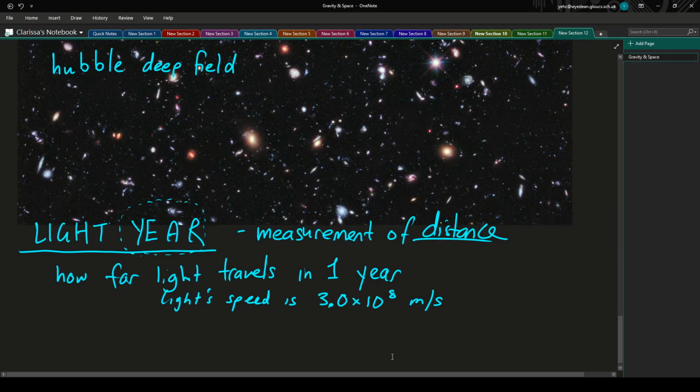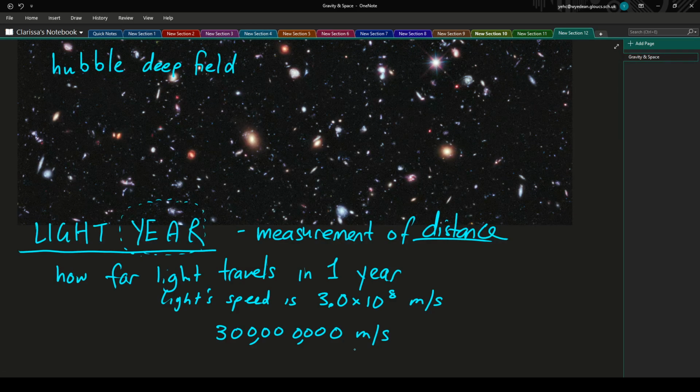If I were to write this out, this is 3 and then 1, 2, 3, 4, 5, 6, 7, 8 zeros. There we go. 300 million meters per second. So that's how fast light travels. And when you let light travel for a year, that distance is a light year.